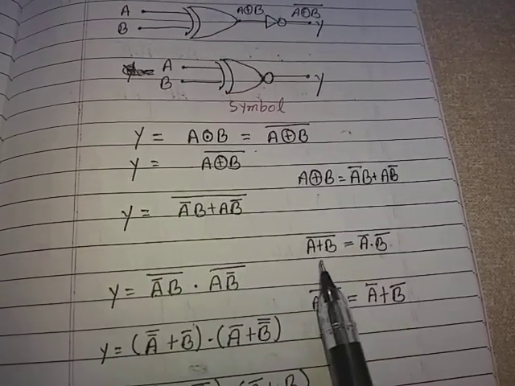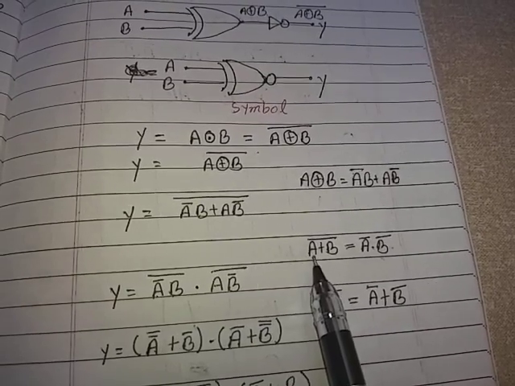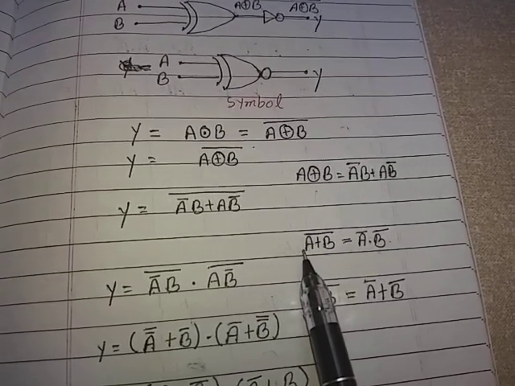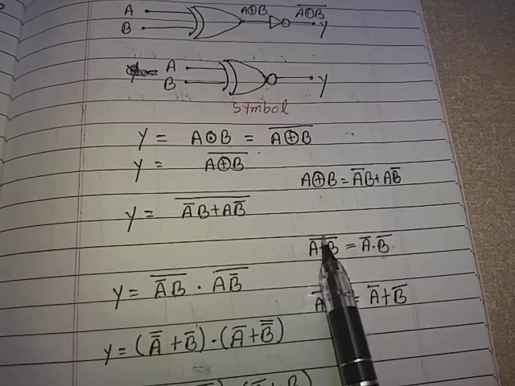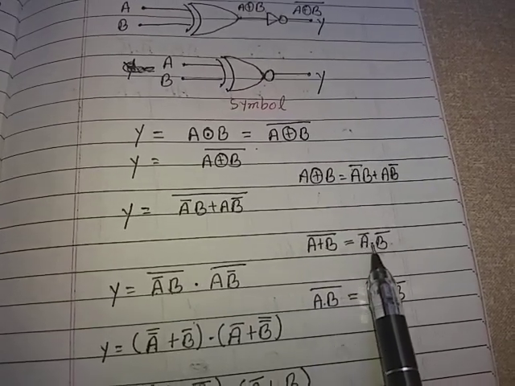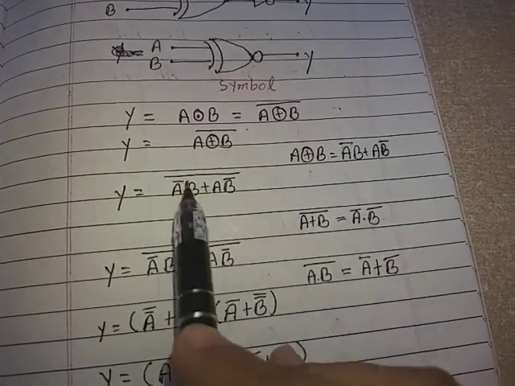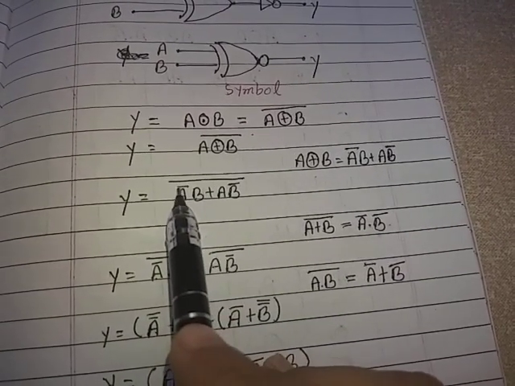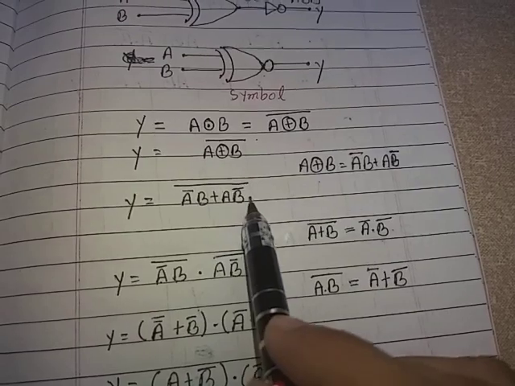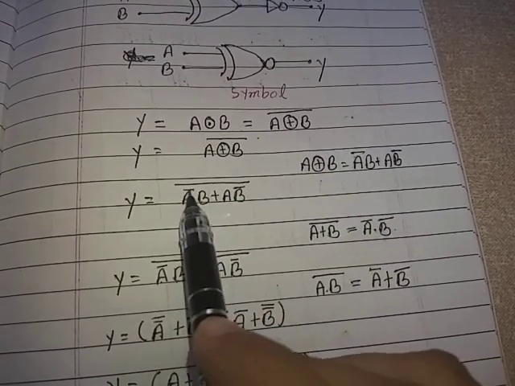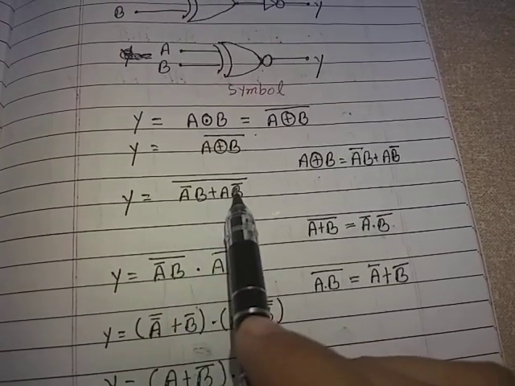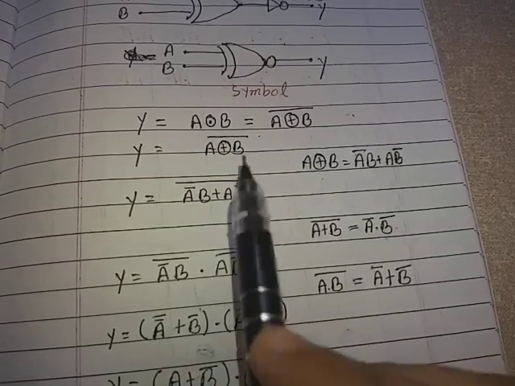Now from De Morgan's theorem, or De Morgan's first law, A plus B to the whole bar is equal to A bar dot B bar. Now here A is equal to A bar B and B is equal to A B bar, the whole functions. A bar B is equal to A and A B bar is equal to B.